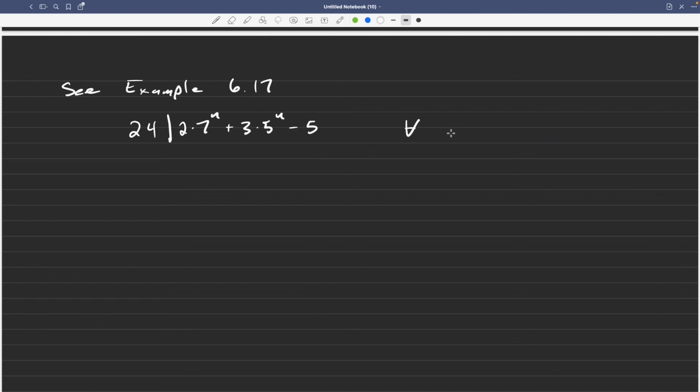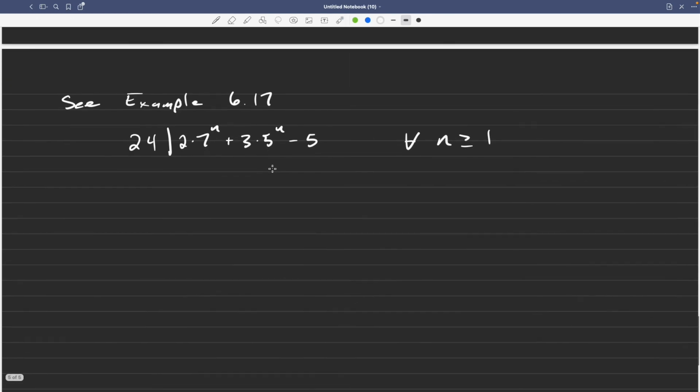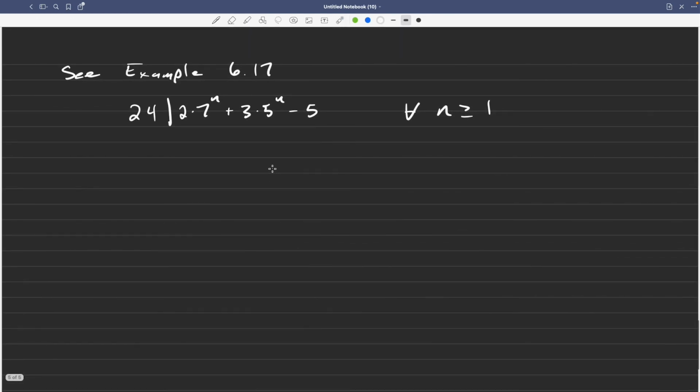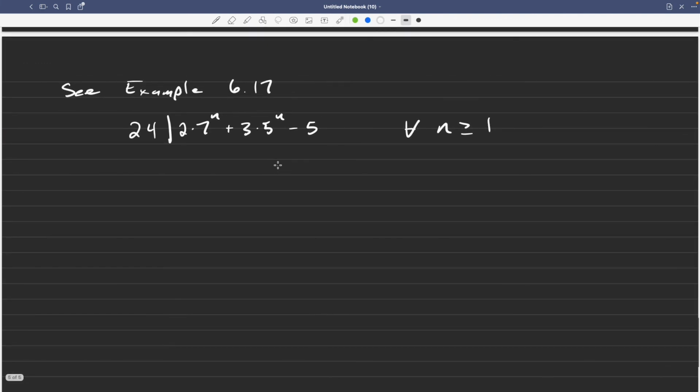That's true for every n greater than or equal to 1. This is another example where it's not entirely clear, if you're trying to prove the kth case, how do you use the k minus first case to prove that? Or if you're trying to prove the k plus first case, how do you use the kth case to argue that? But if you can fall back a couple of steps using strong induction, then it works out. So take a look at that example.